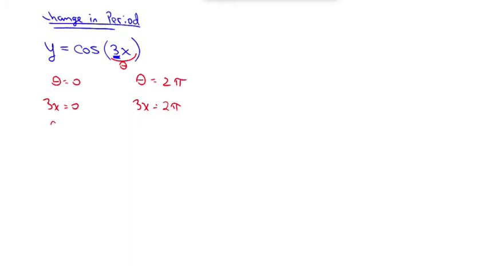So over here, x is still starting at 0. That hasn't moved because it wasn't shifted. The other one tells us that we're going to end this graph, which usually took 2 pi to finish, in 2 pi over 3, a third of the length. So basically you take the whole graph and shove it into a third of the length, and therefore the ups and downs get a little bit closer together.